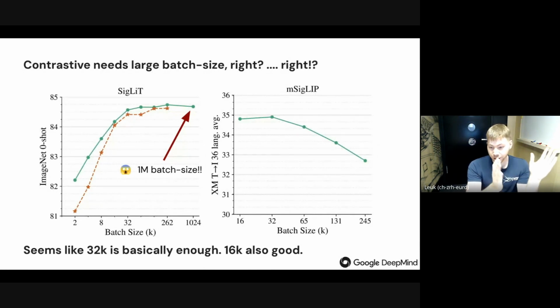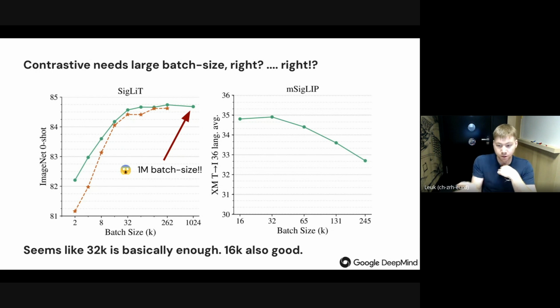Because if you have a fixed batch size of 32,000 examples, and you have, I'm explaining the intuition now, only English text and images in there, okay, there is no easy shortcut, you need to match them. But let's say you have a mixture of languages and images in there. Let's say still a lot of English images, but also a bunch of Chinese images and texts. Then there could be a shortcut, right?